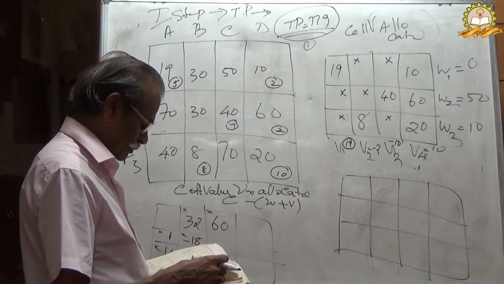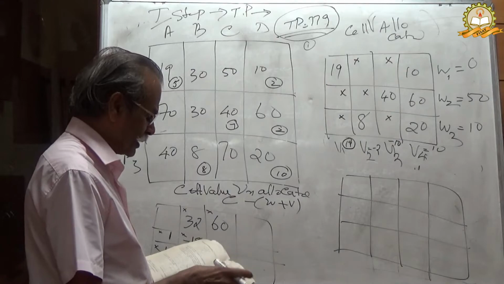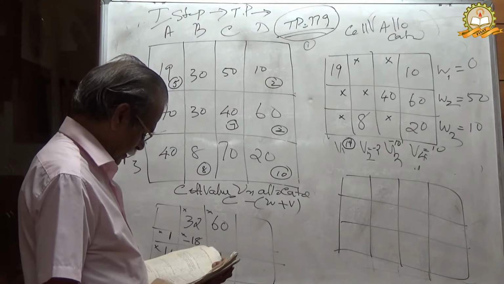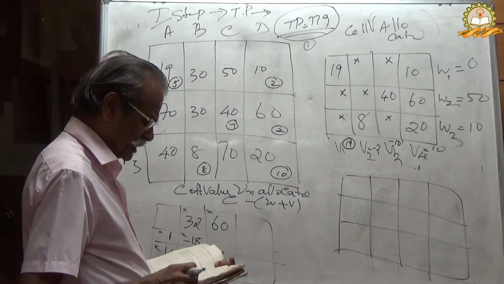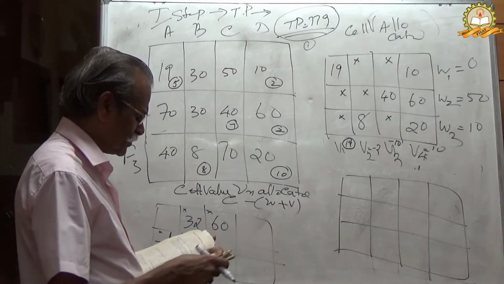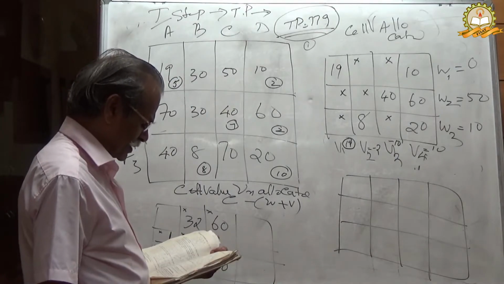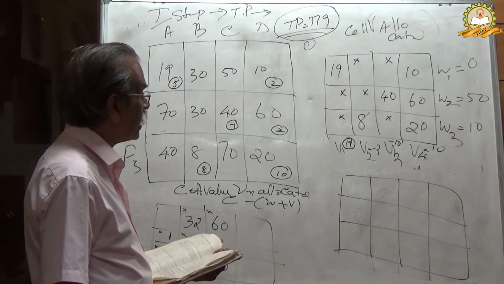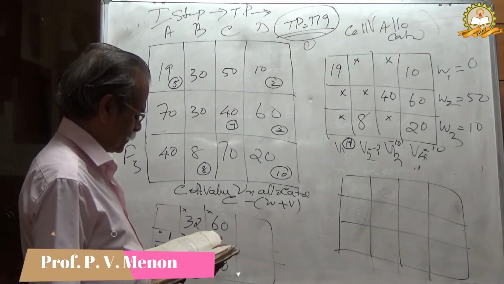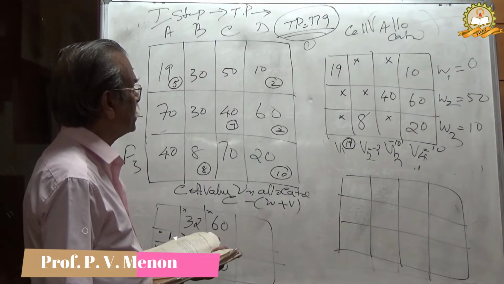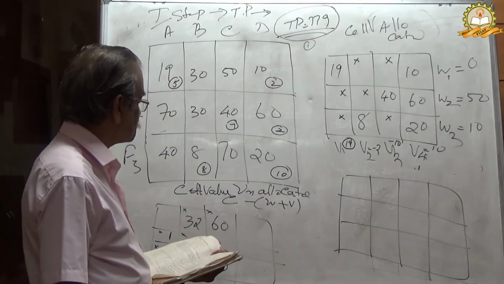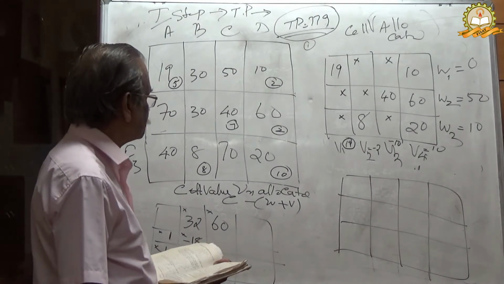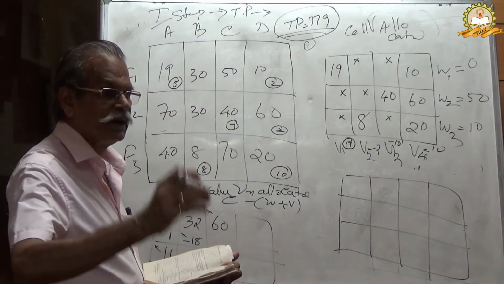Then you can mention rewriting the cost matrix for the allocated cells, with allocations made in the cells.